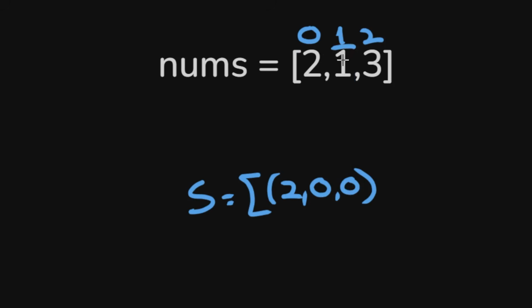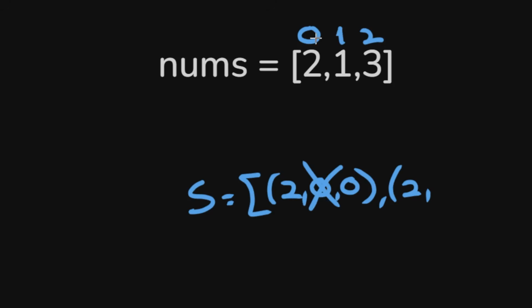Now we are here at index 1 and the current number is 1. So we can say while the current number is strictly smaller than the last value in the stack, we can pop the last tuple in the stack. Okay? So now we need to add a new tuple with the maximum between the previous value and the new value. This is equal to 2.